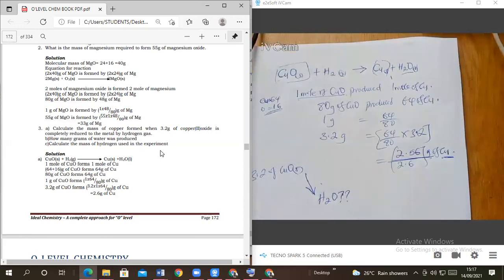Let's work it out. We have less than 6 minutes to go. I want the grams of water. You are going to consider copper oxide and water.